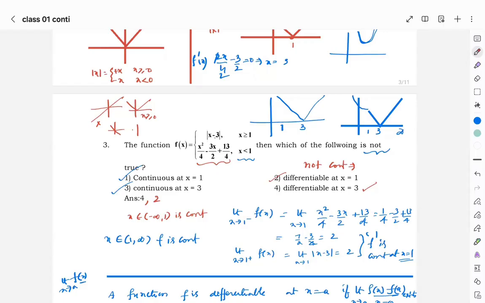Not continuous definitely implies not differentiable. So it is not differentiable at x equal to 1 because it is not continuous there. It is not differentiable at x equal to 3 even though it is continuous, because there it has a sharp edge. So it is not differentiable at these 2 points. Okay.